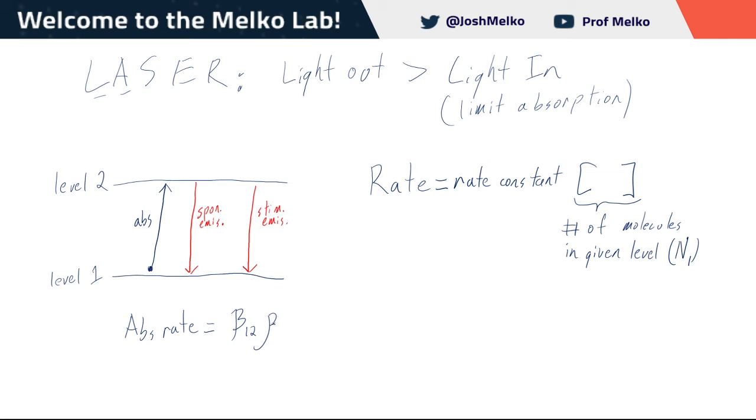It's going to depend on the radiation density, and it's going to depend on, well, the number of particles down here in the first level, N1. So these things sort of together here represent this rate constant, but more specifically, we'll probably just call this beta the rate constant, and rho here is my radiation density.